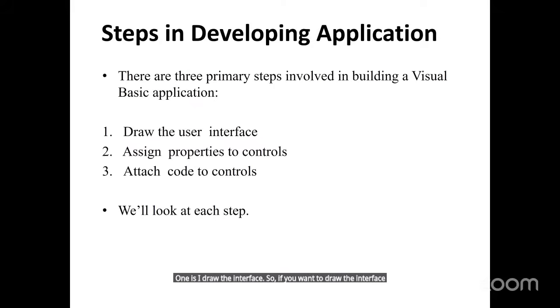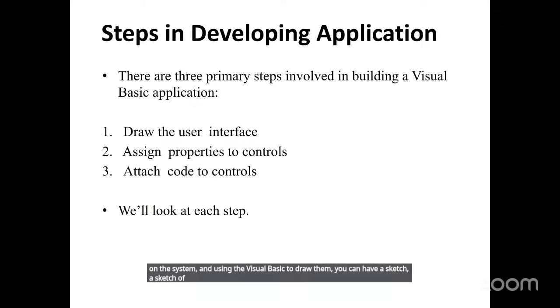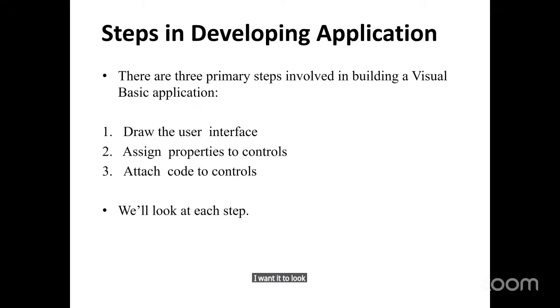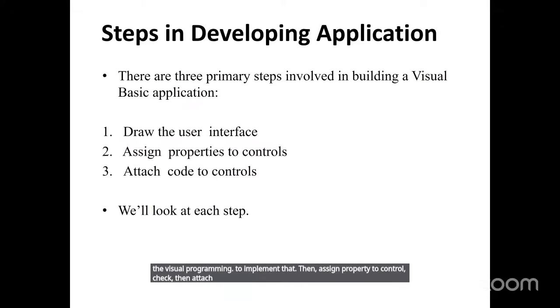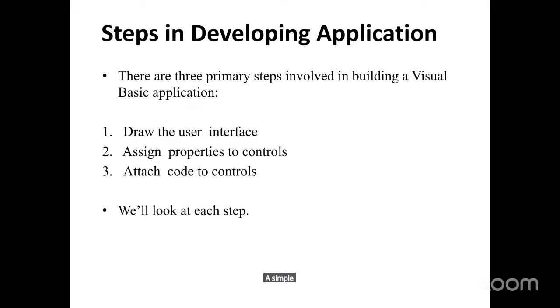Even before you start putting your interface on the system and using Visual Basic to draw it, you can have a sketch of it somewhere and say, okay, I want it to look like this. From that sketch, you can now begin to use visual programming to implement that. Then assign properties to the controls, then attach code to the controls. So this is a simple way of developing a Visual Basic application.